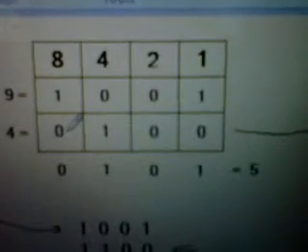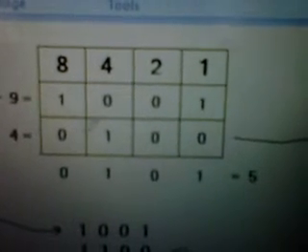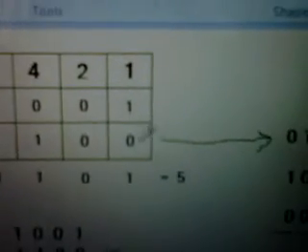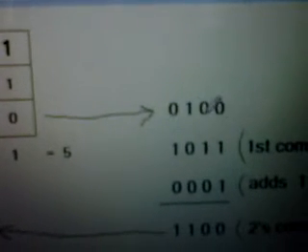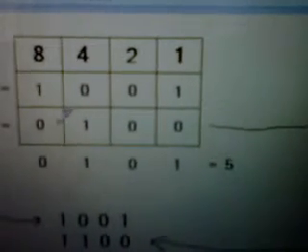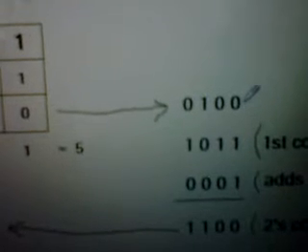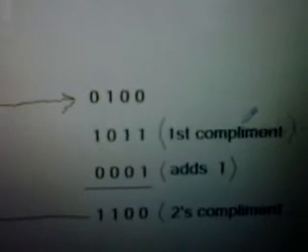What happens is the computer and calculator will take the lowest number, the number 4 right there. I have it moved over right here, 0100, which you can see is the exact number in here, 0100. It will change these numbers to what's called the first complement.